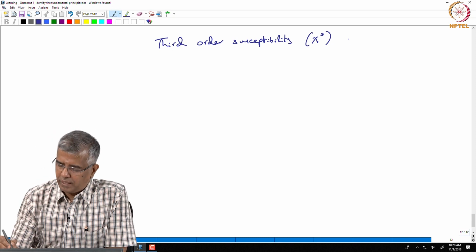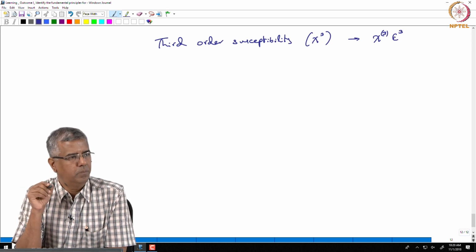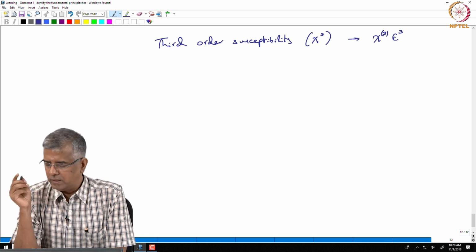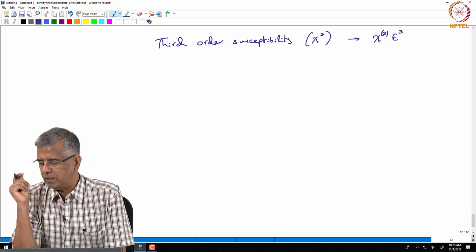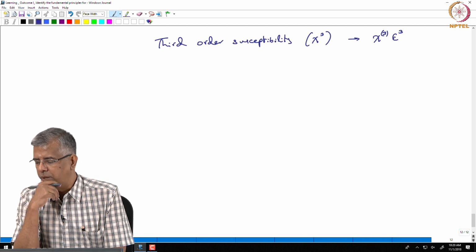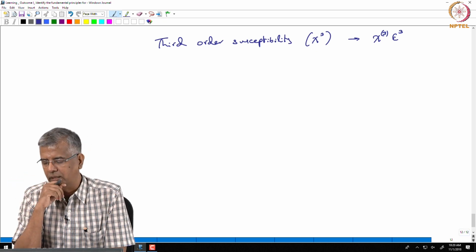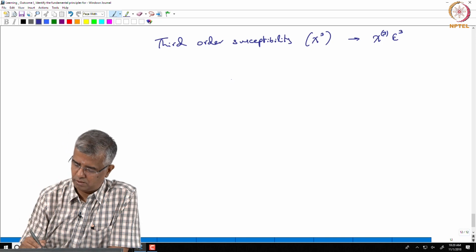Now, Chi3 we understand is associated with an E cube term, and just like we talked about for second order susceptibility, E cube may mean that you have 3 electric fields interacting, right, which could be at 3 different frequencies.